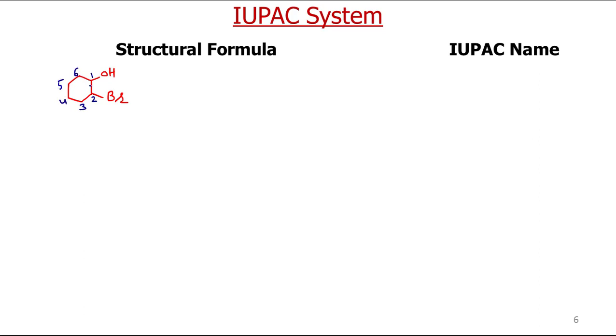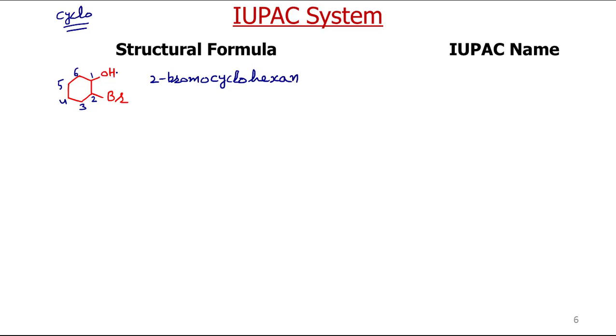As this is a cyclic structure, we will use an additional prefix, cyclo. So while naming cyclo compounds we use the prefix cyclo. So its name is 2-bromo. Bromo is present at the second carbon. Now the prefix cyclo, it contains 6 carbon atoms, so it is hexane.